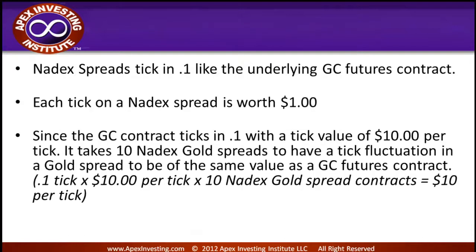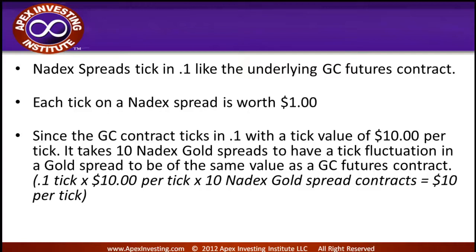Nadex spreads tick in 0.1 like the underlying GC futures contract. Each tick on a Nadex spread is worth $1. No matter what the spread is, a tick is always worth $1, and this makes it a lot easier to trade futures on Nadex. Well, since the GC contract ticks in 0.1 with a tick value of $10 for the futures contract per tick, it takes 10 Nadex gold spreads to have a tick fluctuation in a gold spread to be the same value as a gold futures contract one tick movement.